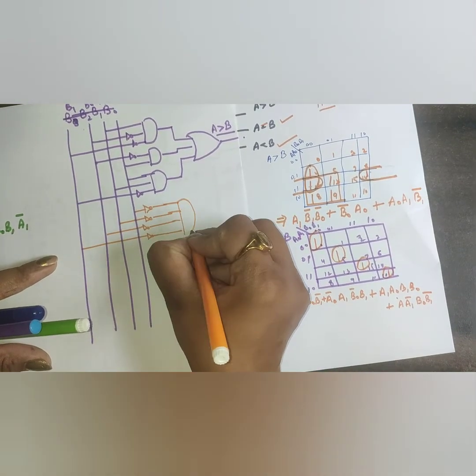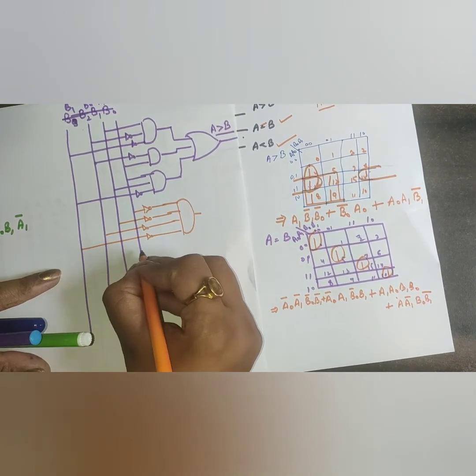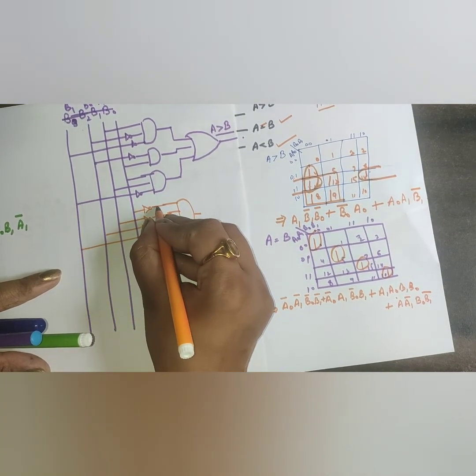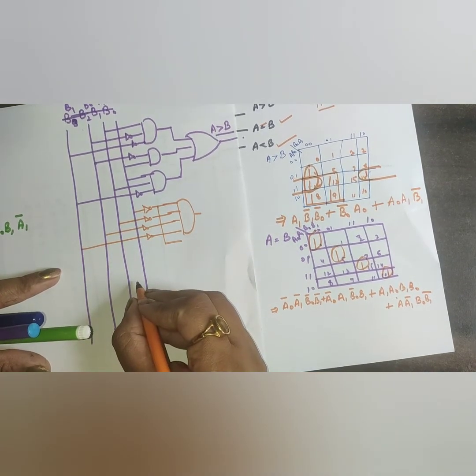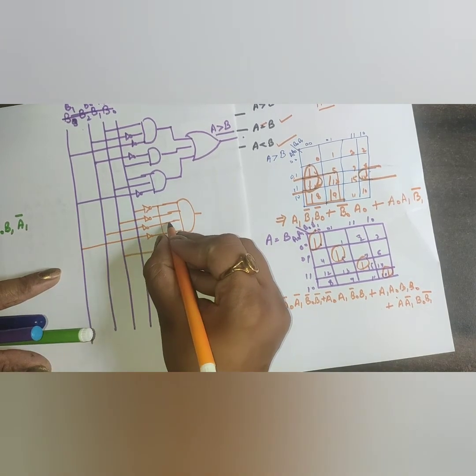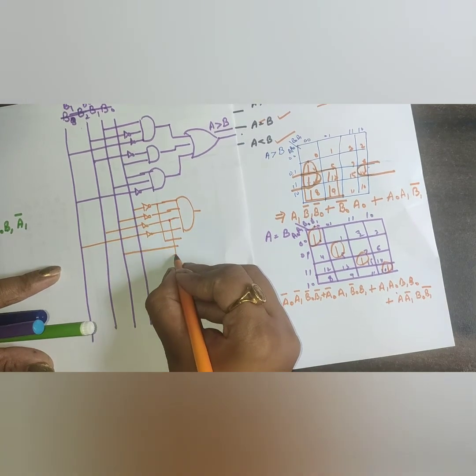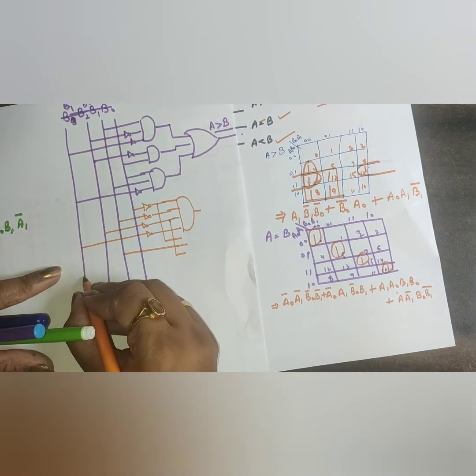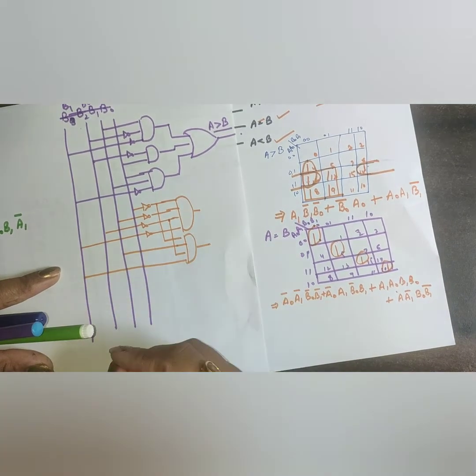Okay, this is going through an AND gate. Now A1, A0 bar. This also is a line of A0 bar. You can take from here also A0 bar and A1 and B0 bar. Here is also a B0 bar. So you can take it from here also, and B1 like this. So it is going through an AND gate.